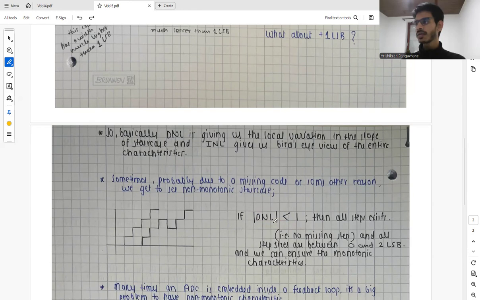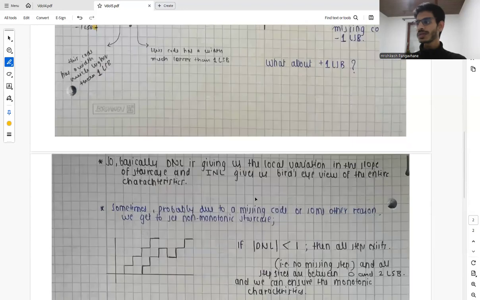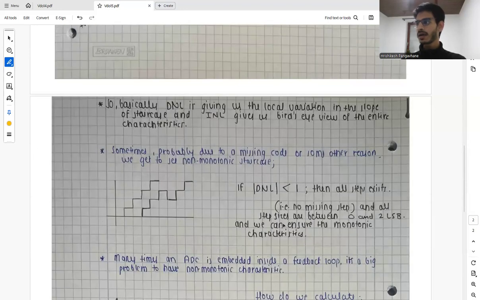All the step sizes are between 0 and 2 LSB. Why 2 LSB? The magnitude is 2 LSB, from -1 to 1. So all the step sizes are between 0 and 2 LSB, and we can ensure the monotonic characteristic because all the steps exist when we apply this condition.